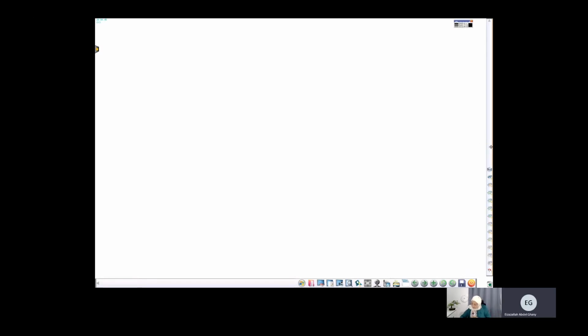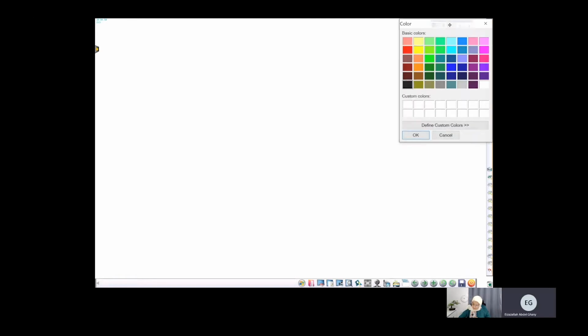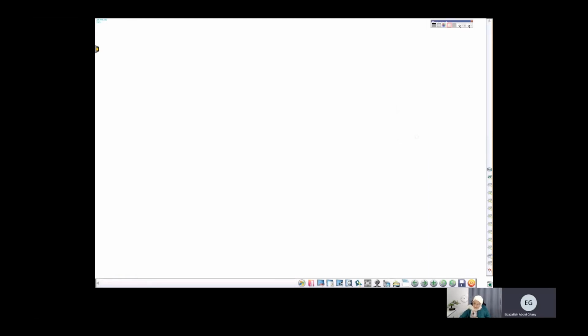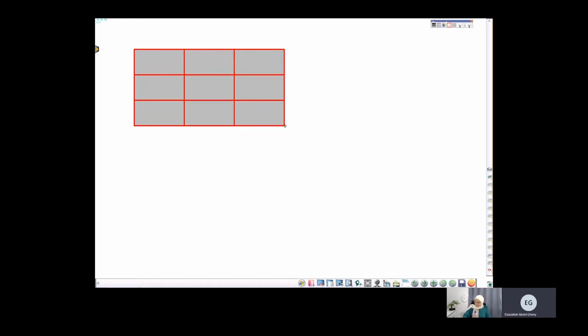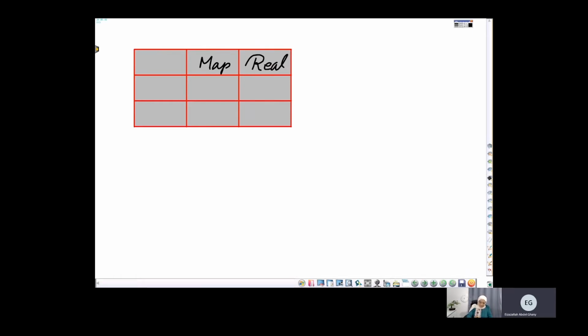We have a very famous table. And we write here the major titles: map, real, scale, centimeter. Why do I write centimeter and why not kilometer?